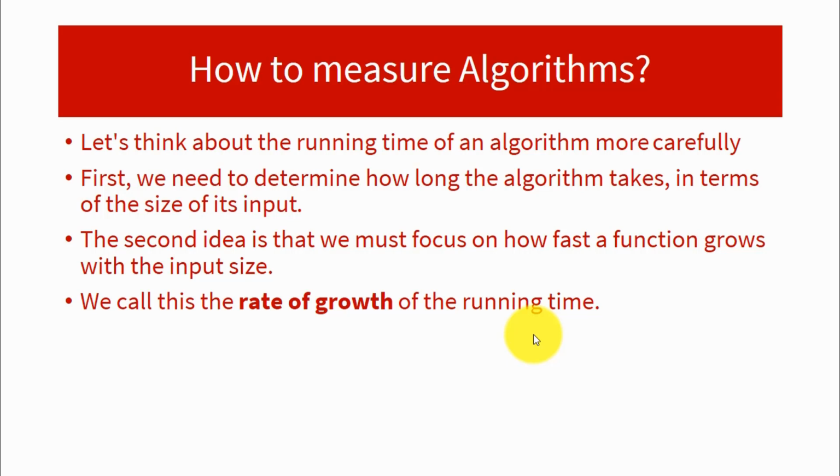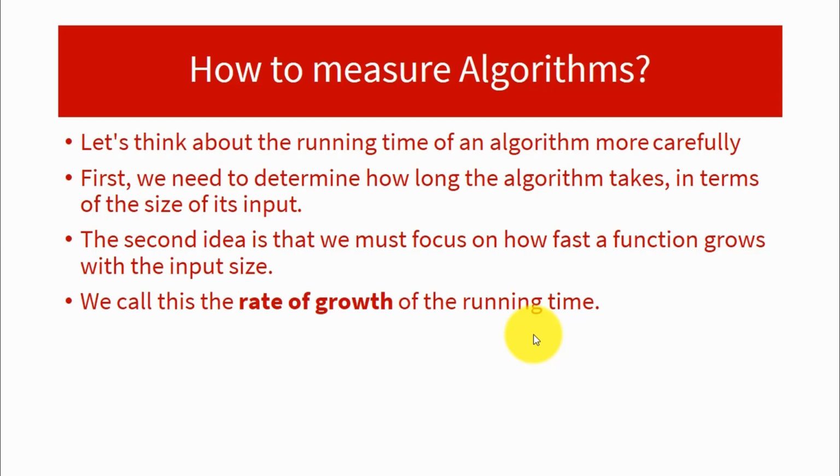And the second idea is what we must focus on: how a particular function grows. I mention the word function because we represent the running time as a function of the size of input. So how fast the function grows as we increase the size of the input on which the algorithm operates.